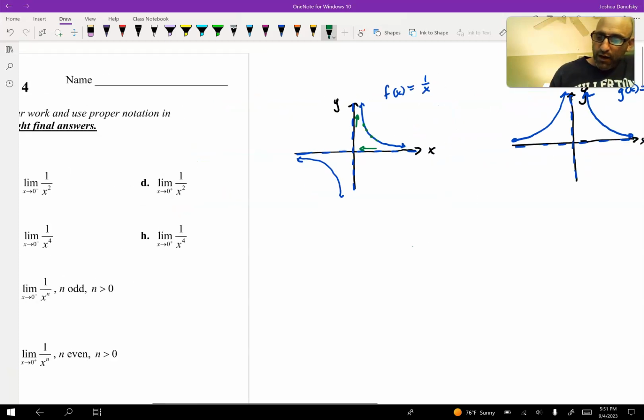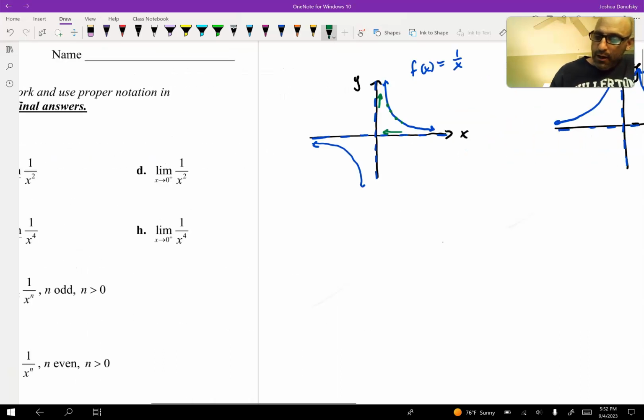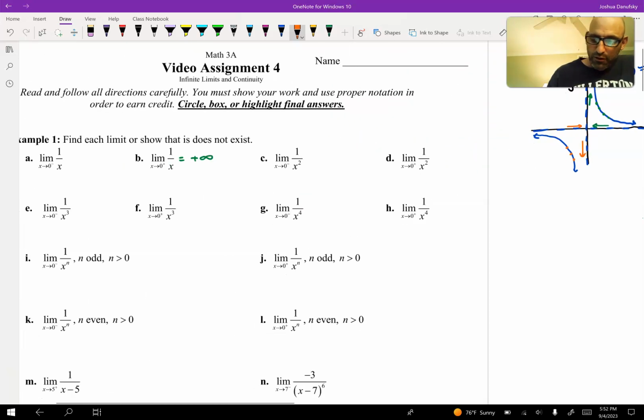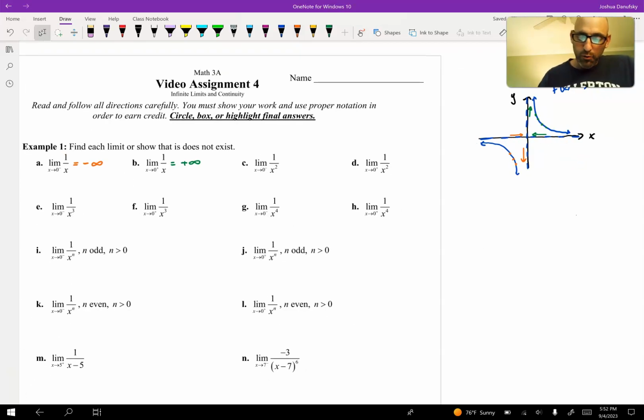So we know that the limit as x approaches 0 from above, from the right, of 1 over x is equal to positive infinity. Approaching from the other direction, from below, we get all these points here. Their y values are heading towards negative infinity. So that's the first one that they gave us, equals negative infinity. That's the visual approach for A and B.